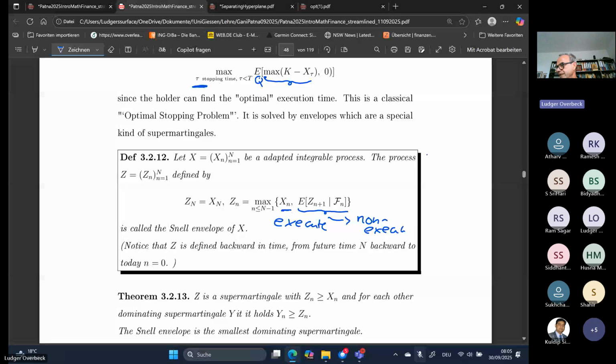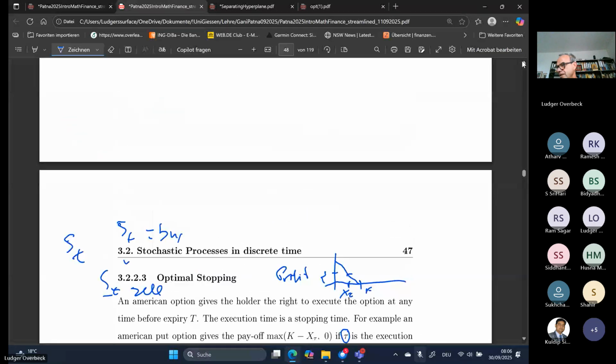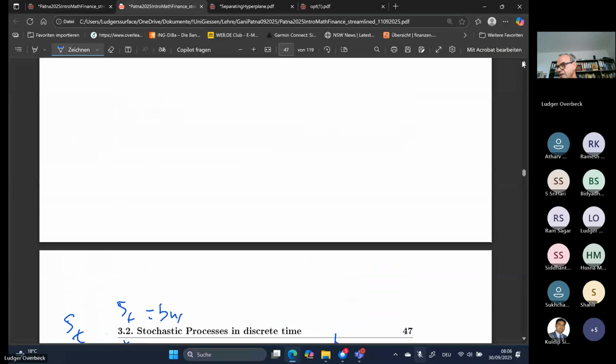Let me find a place where I can draw a picture. So let's say we have only one path. That's time. That's your payout function.